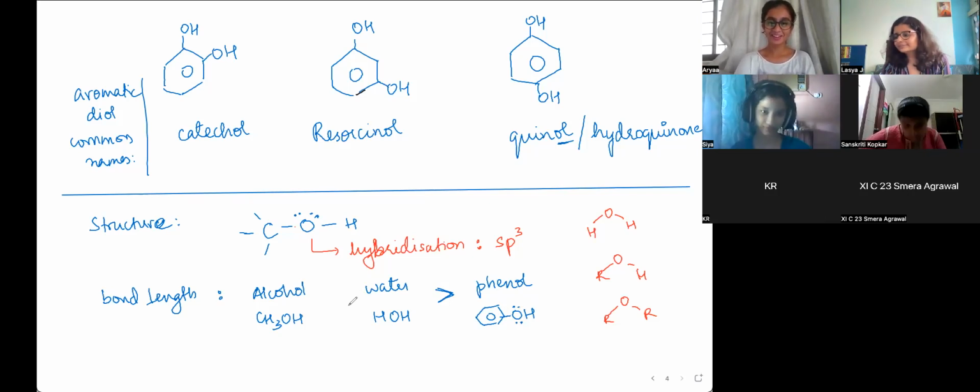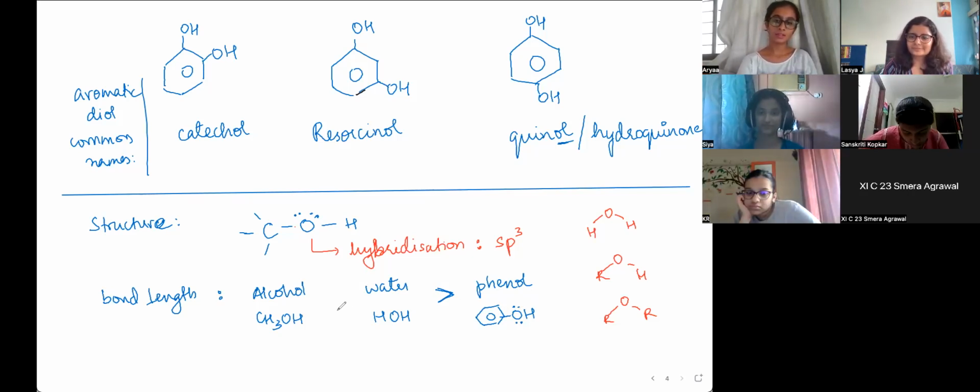Alcohol, water. I think water will have more than alcohol. No, alcohol will have the highest. Water will have the lowest out of all because we are talking about bond lengths here. Hydrogen is a very small atom, right?